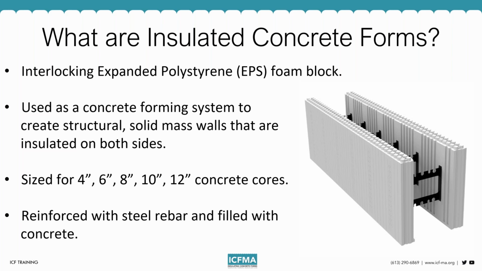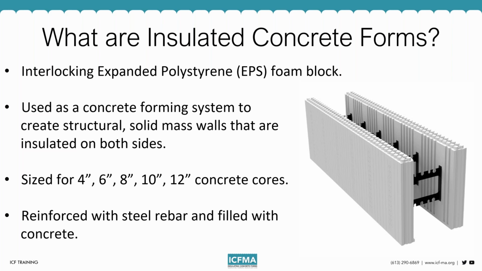You have two foam panels on either side that are connected by usually a plastic web. You stack these up in the shape of typically your exterior walls or demising walls. And then you're going to place steel reinforcement or rebar inside of the blocks, and then you're going to pour concrete. So what this leaves you is a structural reinforced wall that is doubly insulated on both sides.